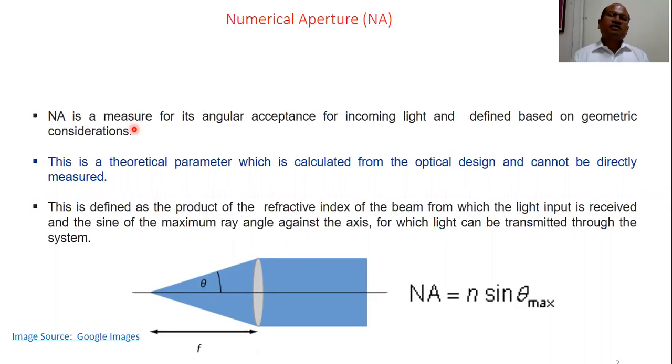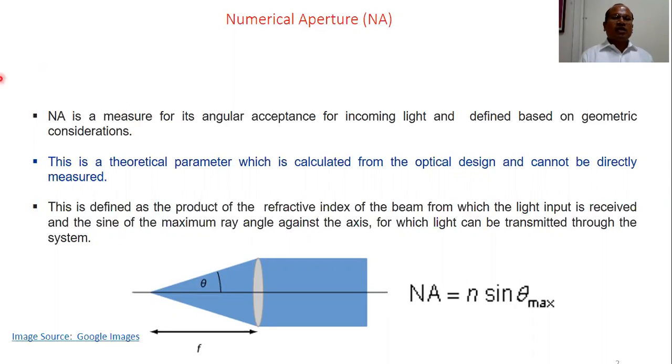That is, how much is the span of angle where light enters and will undergo TIR inside the cable. That acceptance angle is correlated with numerical aperture. So numerical aperture, in other words, is the measure of that maximum acceptance.